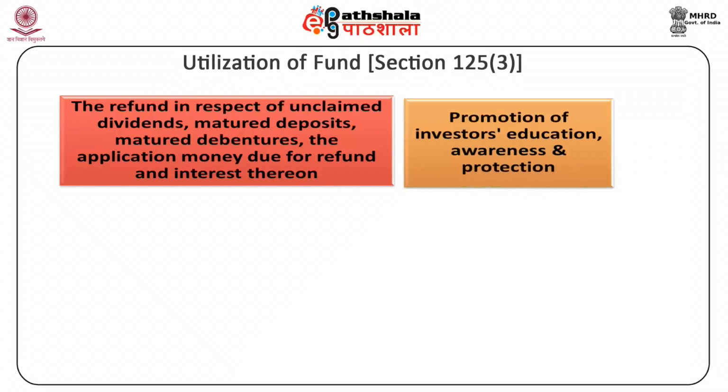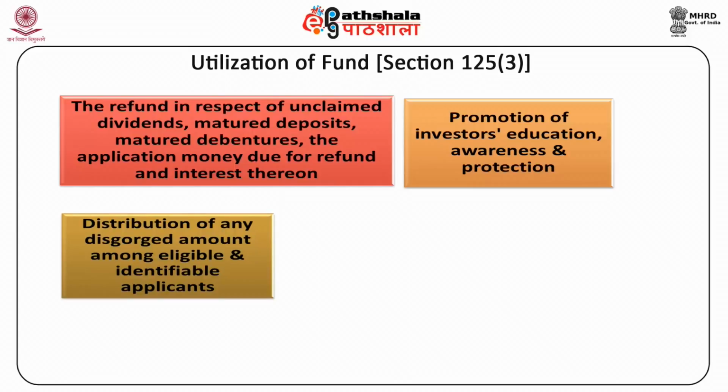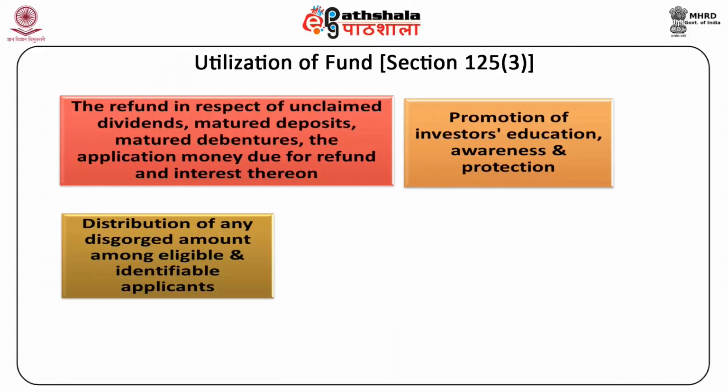B. Promotion of investors' education, awareness and protection. C. Distribution of any disgorged amount among eligible and identifiable applicants for shares or debentures, shareholders, debenture holders, or depositors who have suffered losses due to wrong actions by any person in accordance with the orders made by the court which had ordered disgorgement. D.